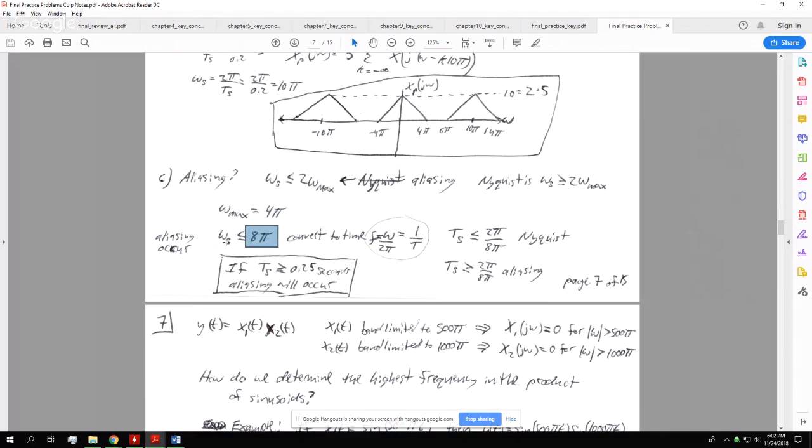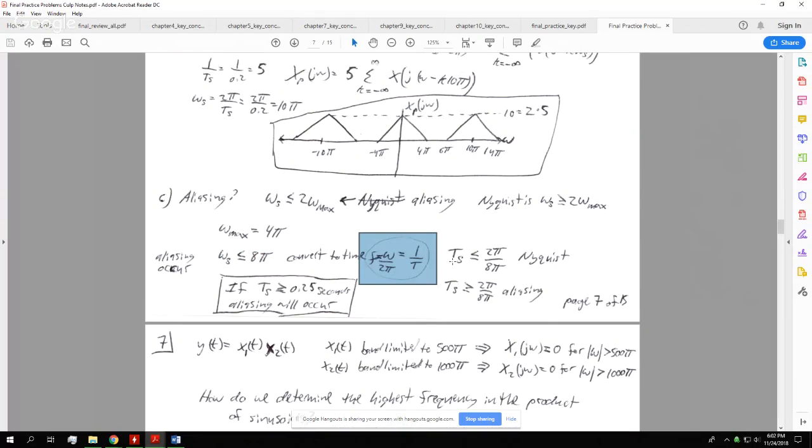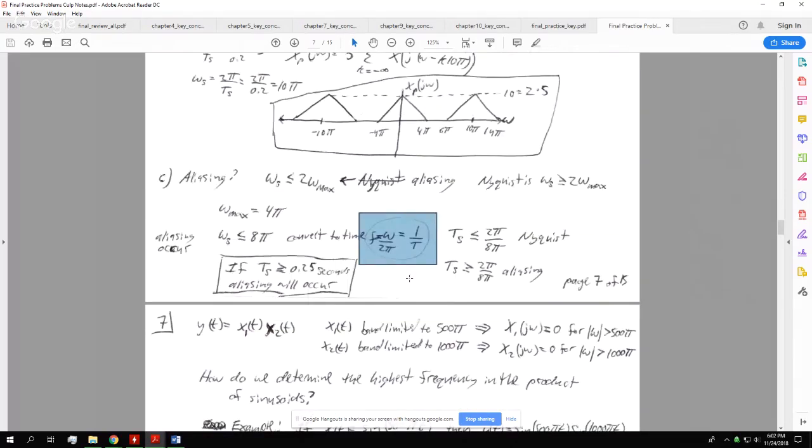Then I need to convert this into the time domain. This is an angular frequency. Here's where I wrote my definition. I should have done it earlier in the problem, but I explained it. Here we can see it visually. If I want to convert an angular frequency into a time, this is the equation to do that.